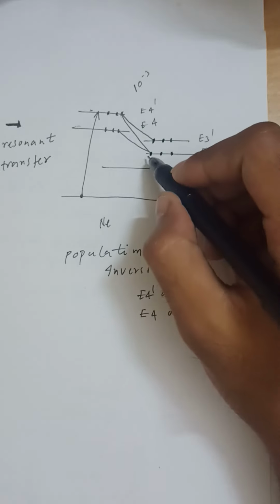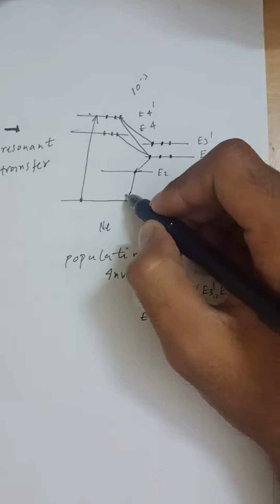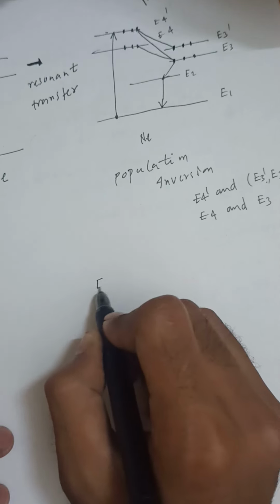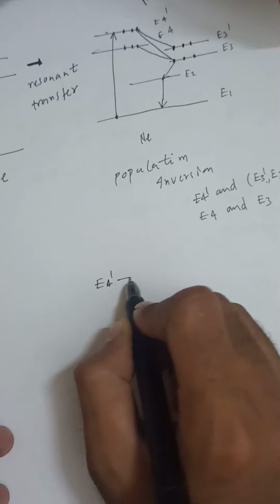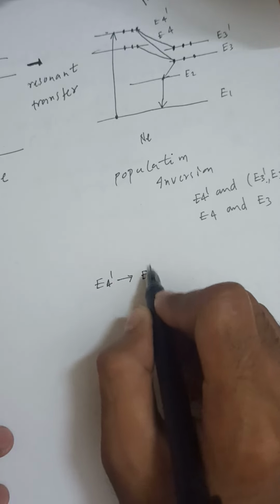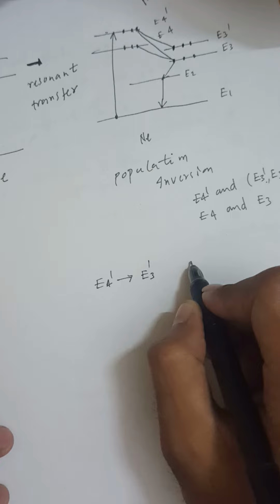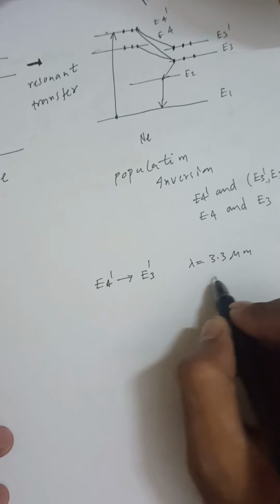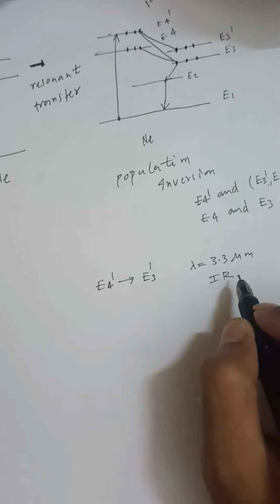After spending their lifetime, they will de-excite to the ground state. The photons emitted from E4 prime to E3 prime have a wavelength of 3.3 micrometers, which comes under IR radiation.